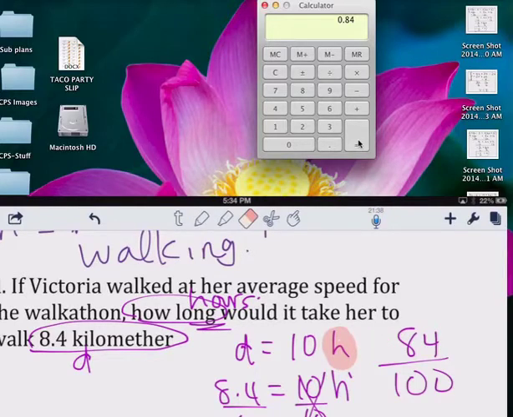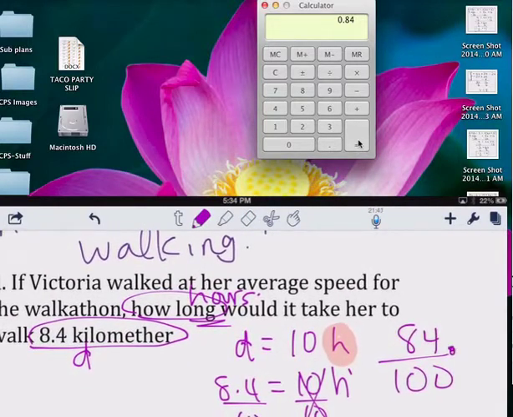We put that over 100, times 60 for the minutes in an hour. Cross cancel, we get 84 divided by 10. No, 84 times 6 first, and then we divide that by 10.